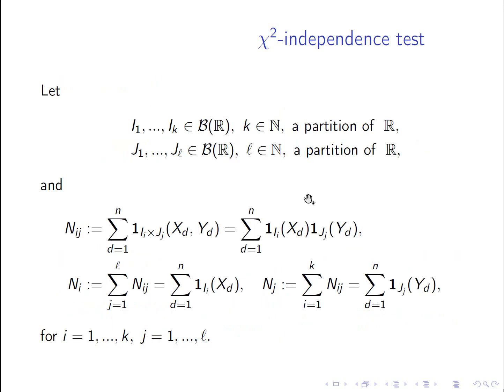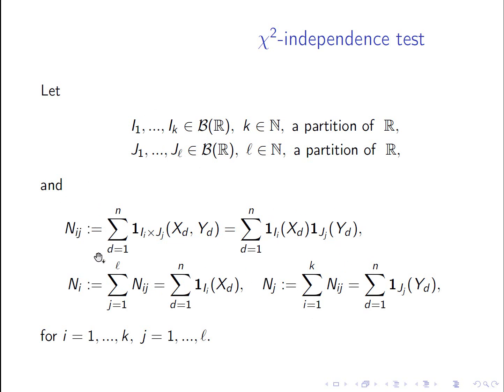Okay, let's get a bit more detailed. What we have to do is to build a partition of R. I1 up to Ik are Borel measurable, and they build a partition of R, and J1 up to JL are also Borel measurable and also build a partition of R. This is used for the values of Y, and this is used for the values of X. Here we now have frequencies, so we are counting.